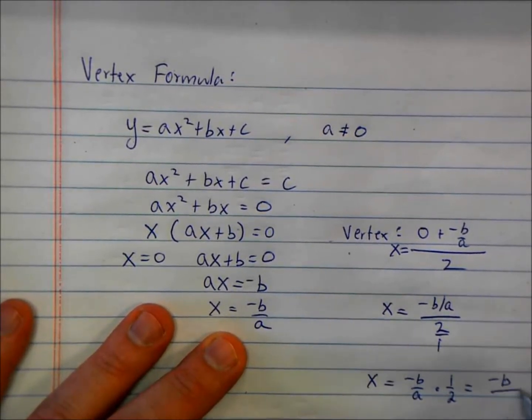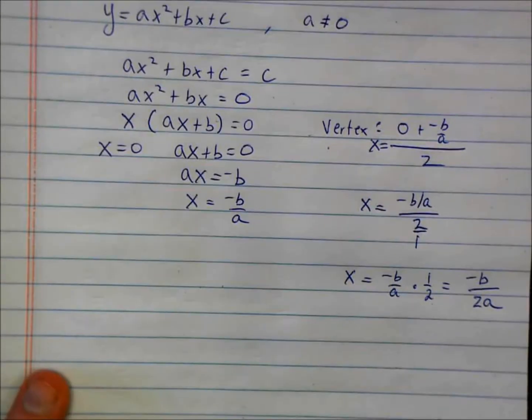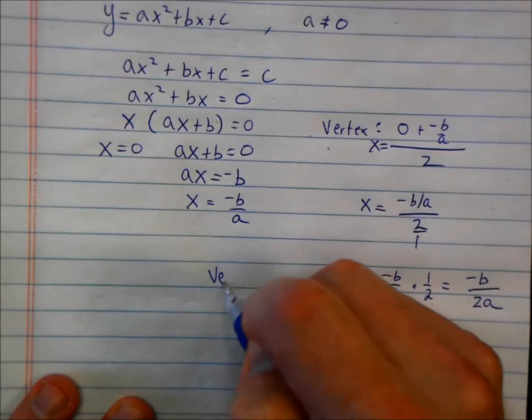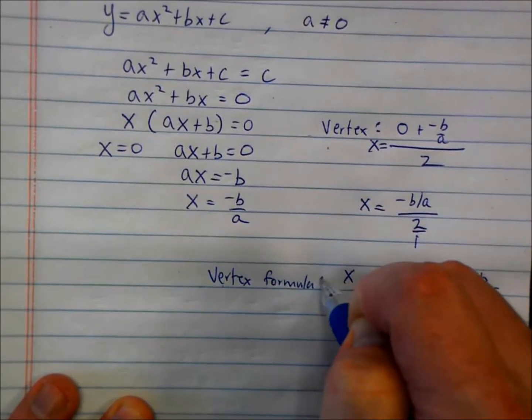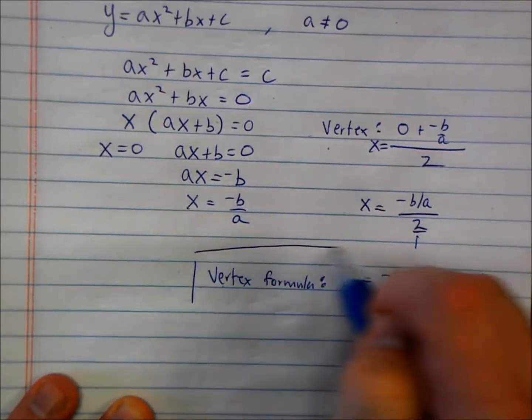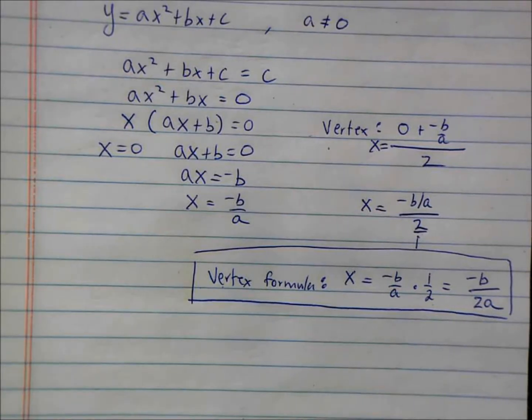So that's negative b over 2a. This is known as the vertex formula. For any parabola in standard form, the vertex will happen at x equals negative b over 2a.